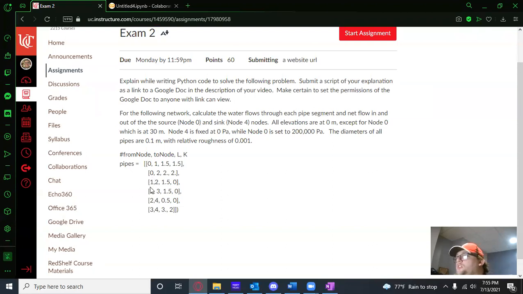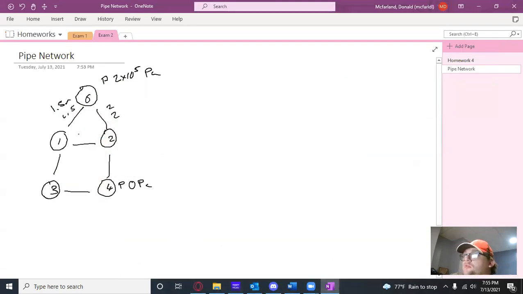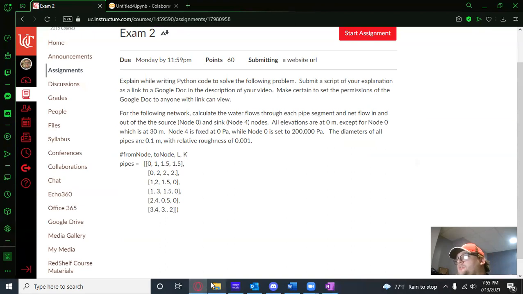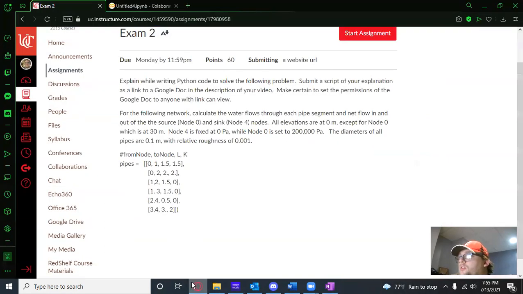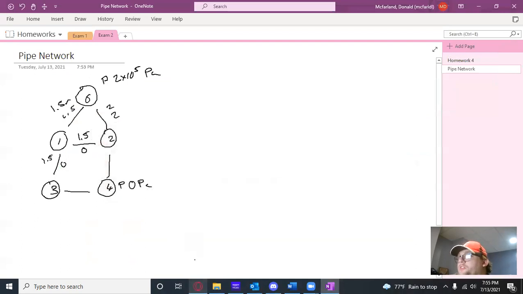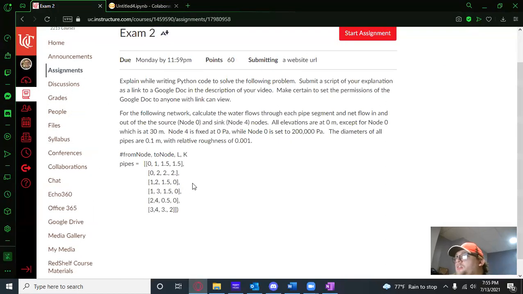From 1 to 2, it is 1.5 and 0. From 1 to 3, same thing, 1.5 and 0. Then 2 to 4, 0.5 and 0. And then from 3 to 4, it is 3 and 2.